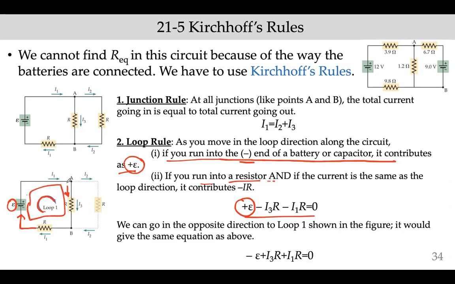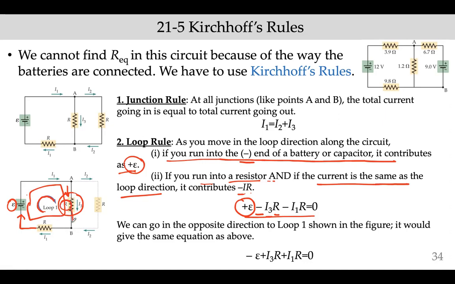If the current is the same as the loop direction, in this circuit, on this resistor, the current is down and the loop direction is down also, so they're in the same direction, then the voltage from this resistor contributes as negative I times R. Of course we have the current I3, so I write negative I3 times R. R is the resistance of this resistor.